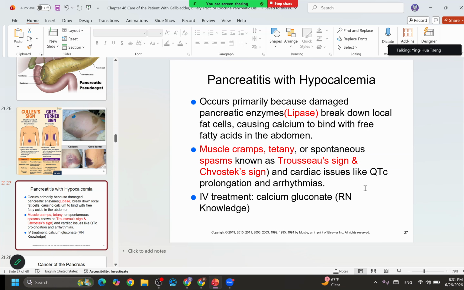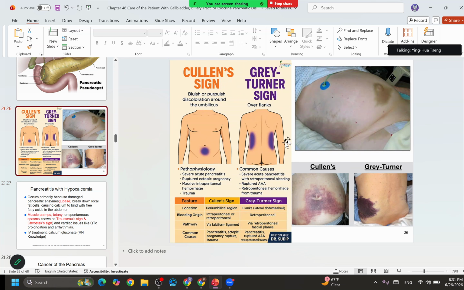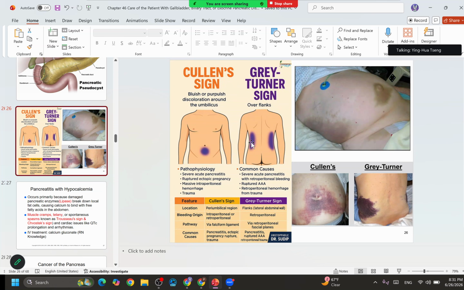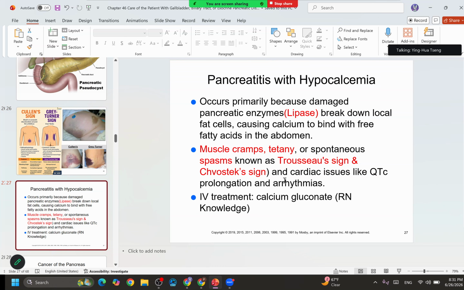Which one is more severe, which do you need to do right away? The NCLEX is asking you. The calcium is low, do you need to do something? The breathing and blood pressure are low, do you need to do something? Which one is more severe, the breathing or the low calcium?